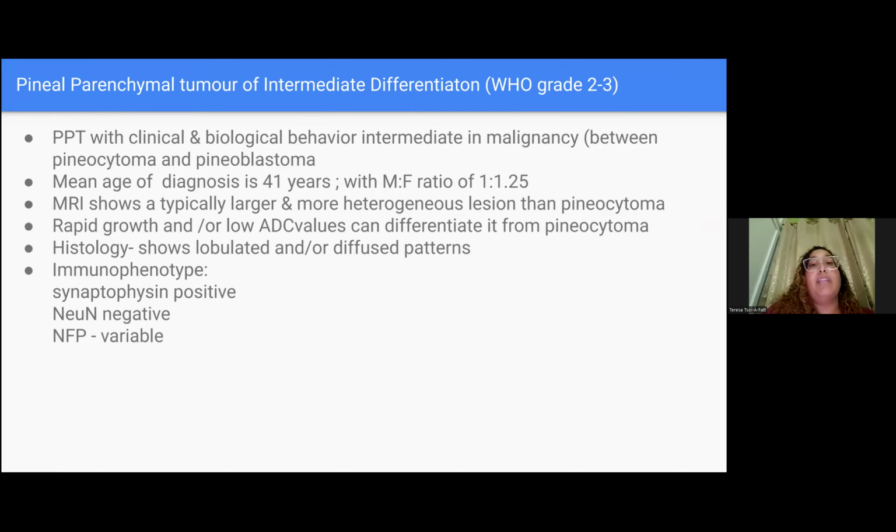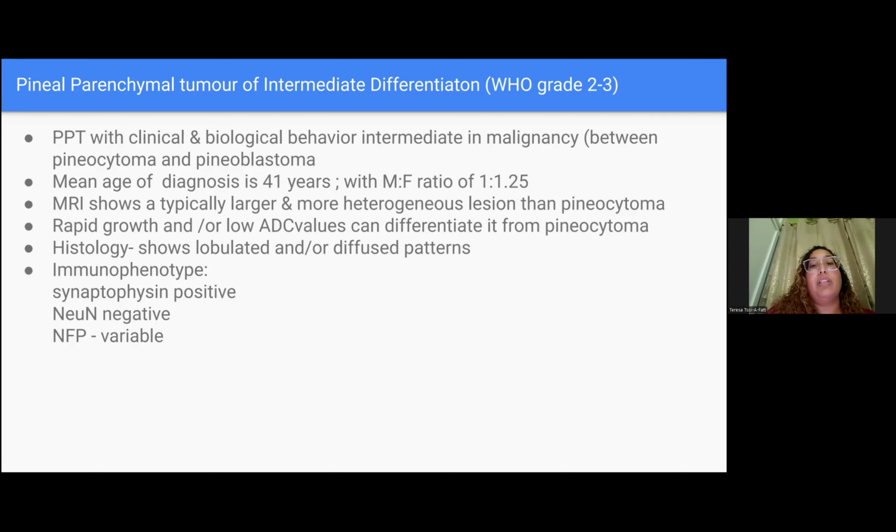The mean age of diagnosis for this is 41 years, with a male to female ratio of approximately 1 to 1.25. MRI for this usually shows a larger, more heterogeneous lesion than the pineocytoma. It would show rapid growth and or low ADC value, which could differentiate it from pineocytomas.